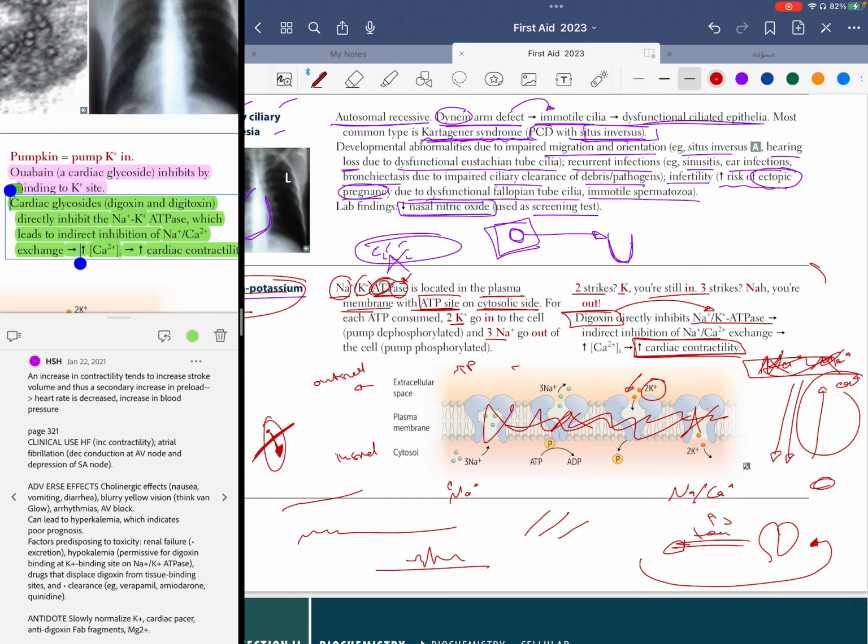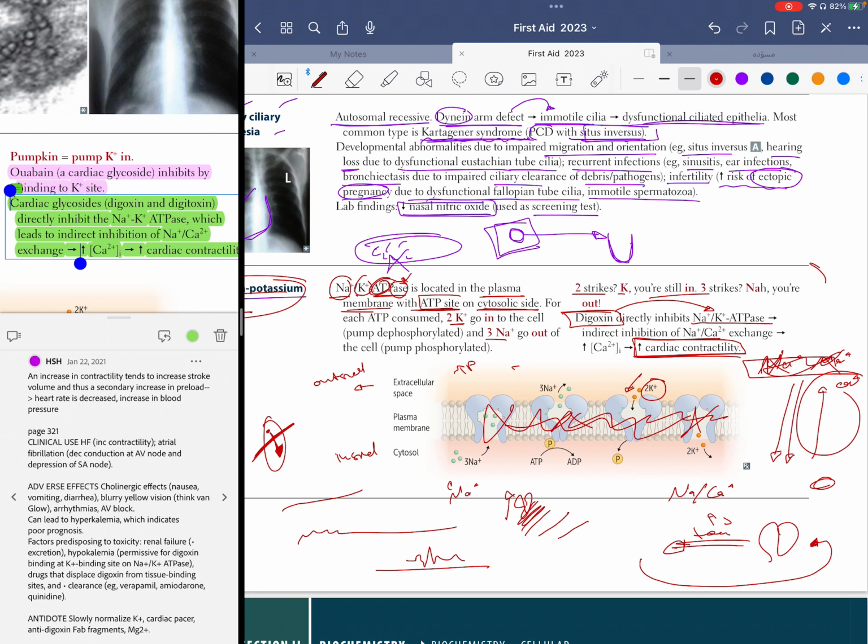If we have heart failure, we use digoxin to increase the contractility, the pumping of the patient's heart. And if another patient has atrial fibrillation, then we need to stop that very fast firing of the SA node or the AV node. We need to maintain the contraction in order for these electrical impulses to not move anymore. That's why you use digoxin.